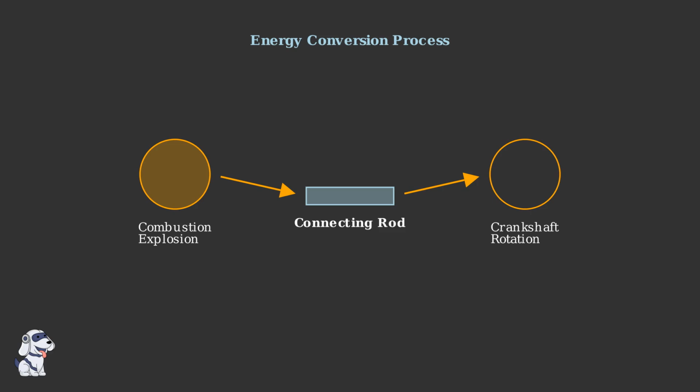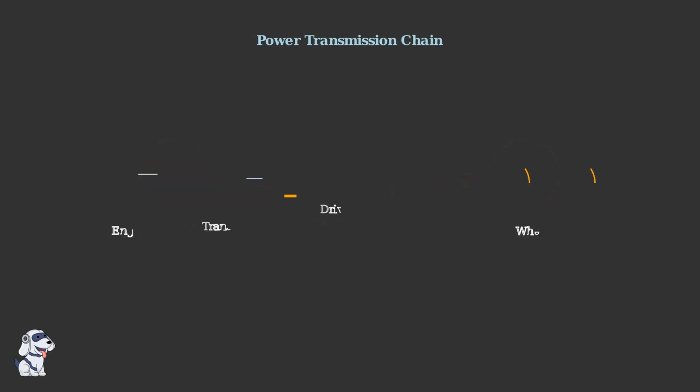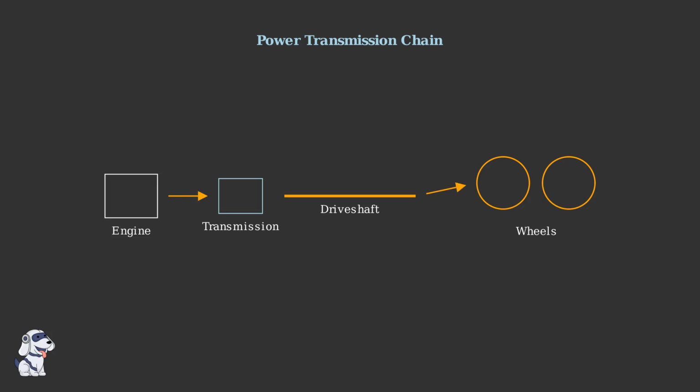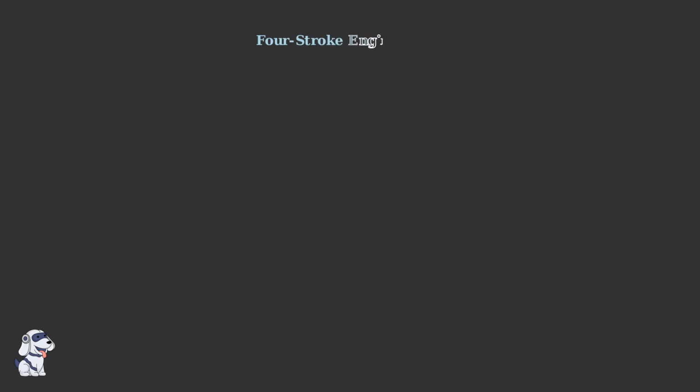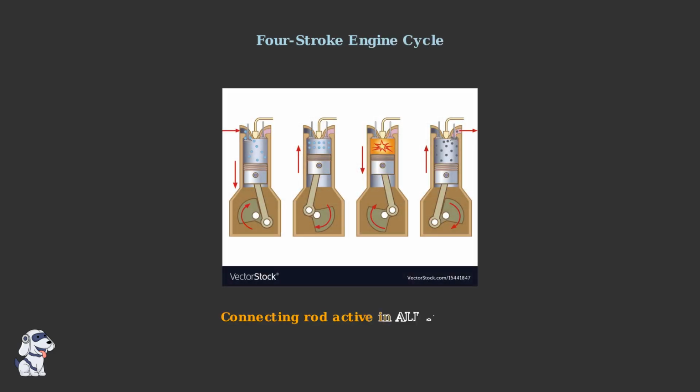The connecting rod is the essential bridge that captures the linear motion of the piston and transfers it to create rotational motion. This energy conversion process is what ultimately drives your vehicle. The rotational motion created by the connecting rod and crankshaft system travels through the transmission to the wheels, propelling the vehicle forward.